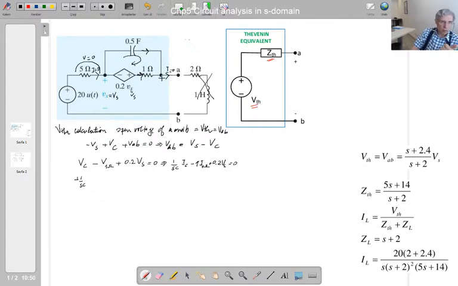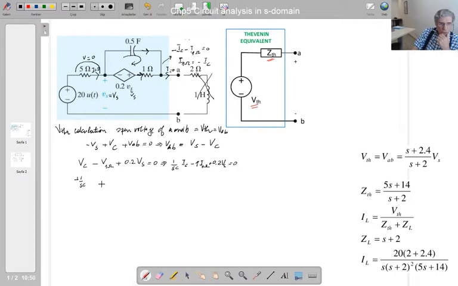Both of them are coming towards the node. So if I write it, IC plus I 1 ohm is equal to 0, isn't it? So a more proper way of writing is this. Then I 1 ohm is equal to minus IC, isn't it?